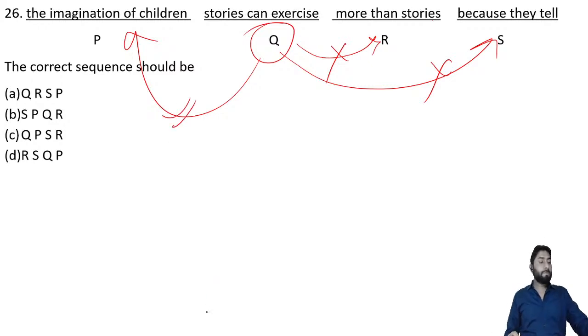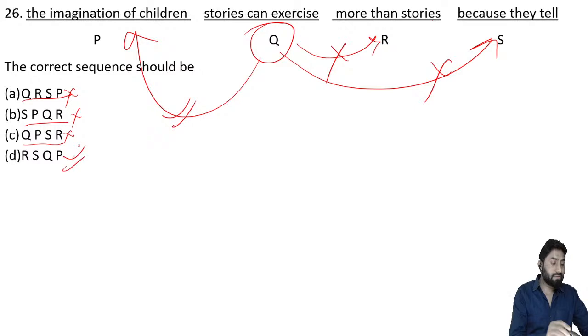So Q P. So stories can exercise the imagination of children, right? So Q and P. Do we have the options Q and P? Here, no option. Here, no option. Here, no option. This is the only one where Q and P are coming together.